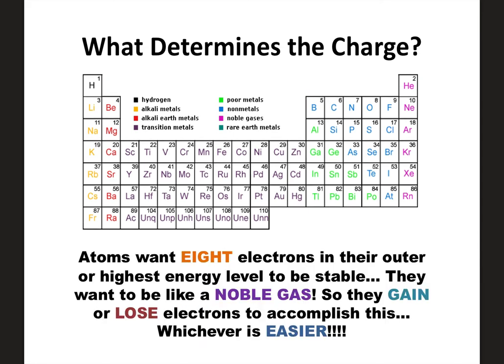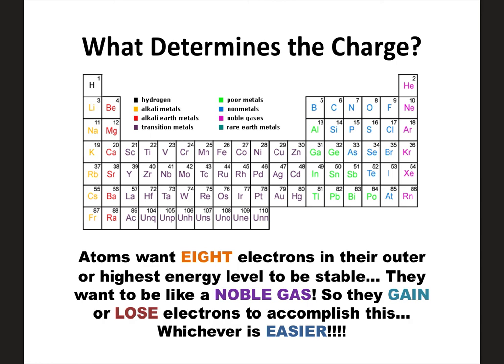Remember here, these atoms are looking to have that magic number of 8 electrons in their outer or highest energy level. They want 8 outer or valence electrons in order to be stable. So basically, all these atoms want to be like a noble gas. So to form their charge, they're basically gaining or losing electrons in order to be like a noble gas in terms of their electron configuration.